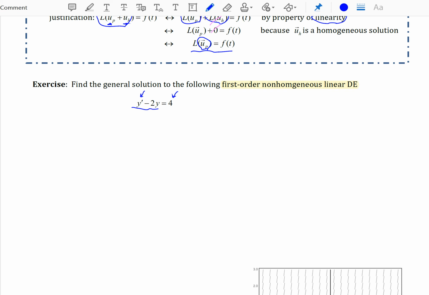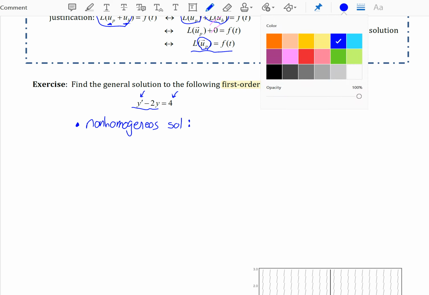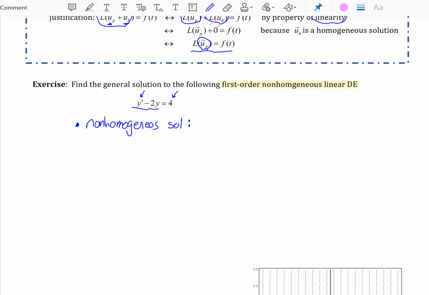So for this first-order, non-homogeneous linear DE, I'm looking for solutions. And the way I look for solutions is I look for them in pieces. I first look for the non-homogeneous solution. And the way I find my non-homogeneous solution is I notice that the right-hand side of my differential equation, the 4, is a constant. That makes this particular differential equation a little easier to solve.